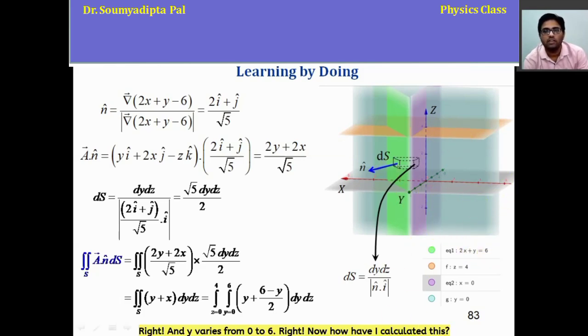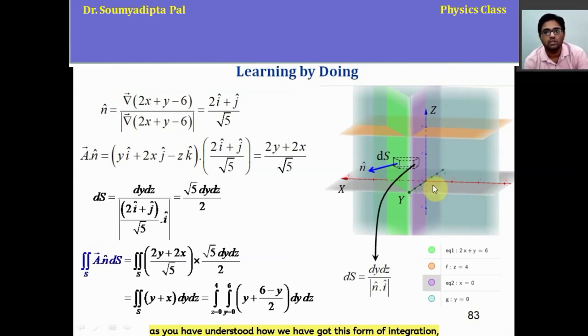And y varies from 0 to 6. Now, how have I calculated this? If you see the figure, you can see the plane 2x plus y equal to 6 cuts the y-axis at 6 units, starting from the xz plane where y equal to 0.